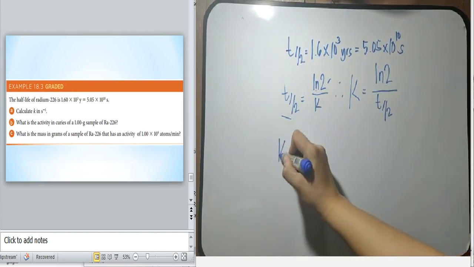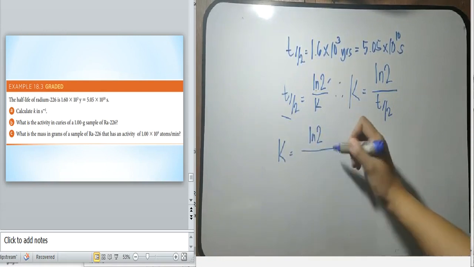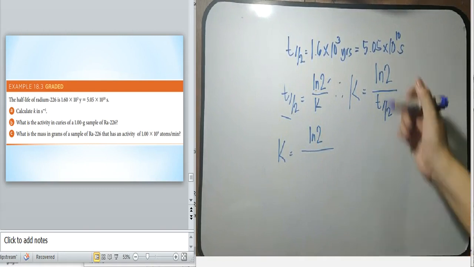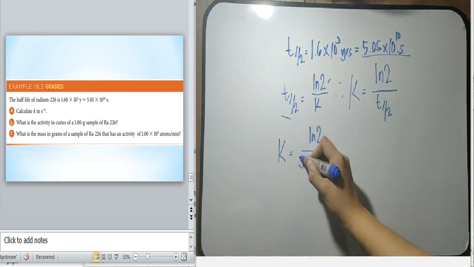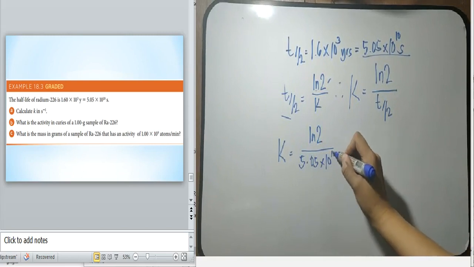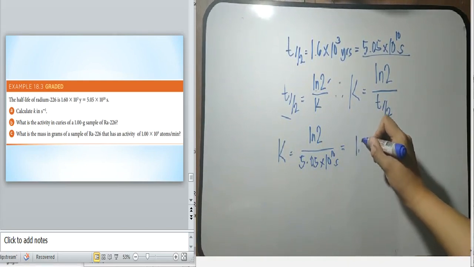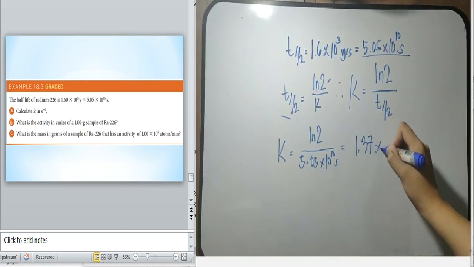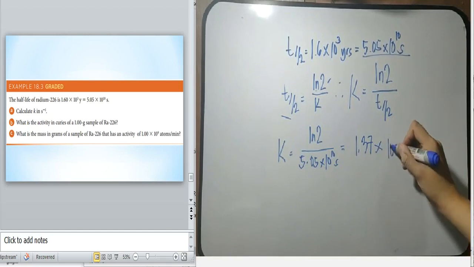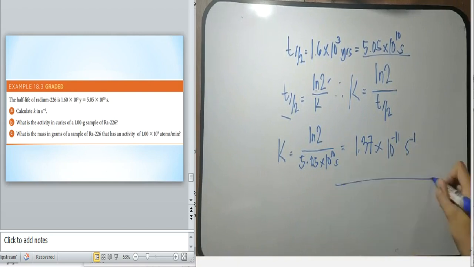So we have ln 2 over, since the question is per second, we will use the half-life in seconds. Therefore we have a rate constant of 1.37 times 10 raised to negative 11 per second.